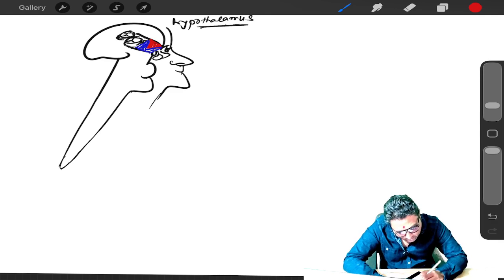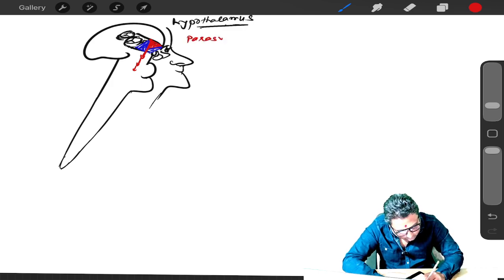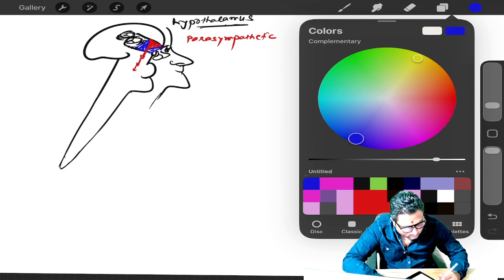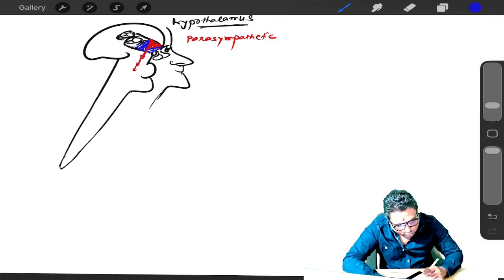Now the ventromedial part is concerned with the parasympathetic system, whereas the dorsolateral aspect is concerned with the sympathetic system.